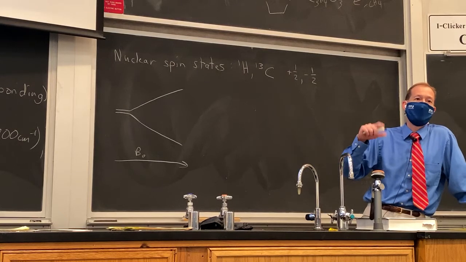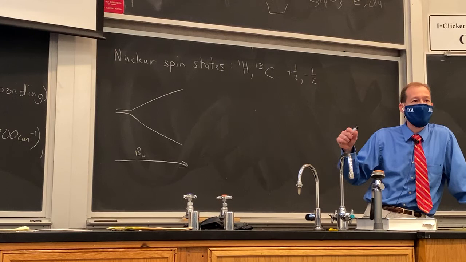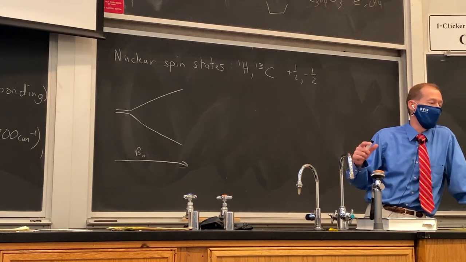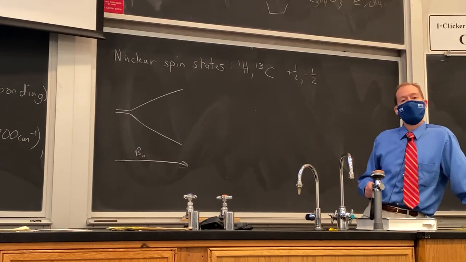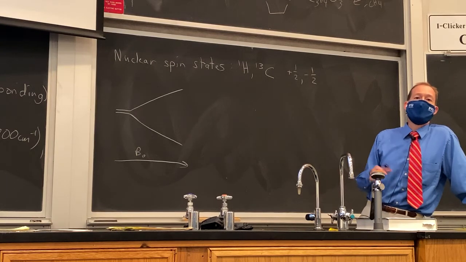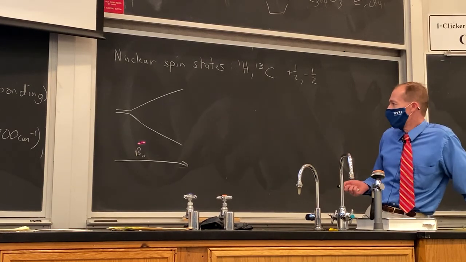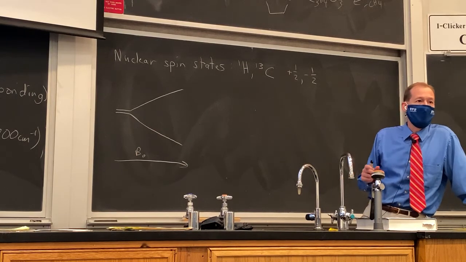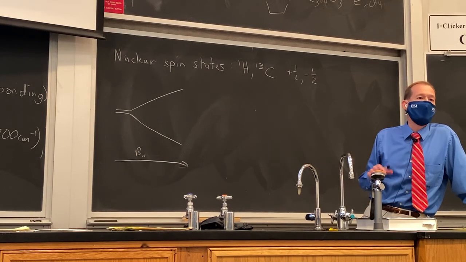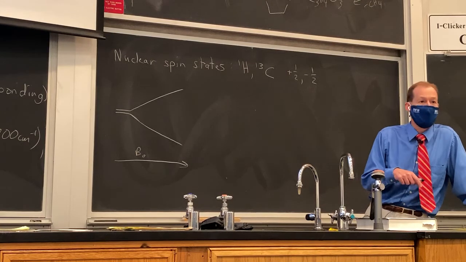Okay, so the difference in energy between the 2 nuclear spin states is proportional to the strength of the applied magnetic field. So what we do is we choose a magnet that has the proper field strength to put the difference in energy between those spin states in the radio frequency region of the spectrum.